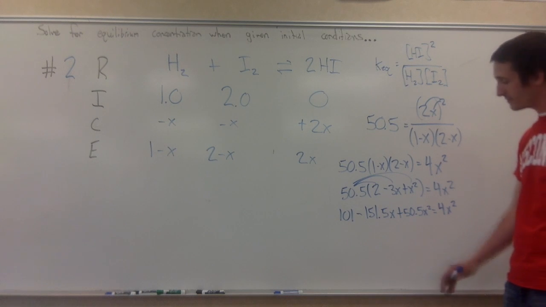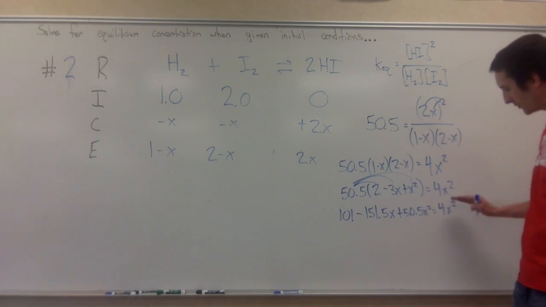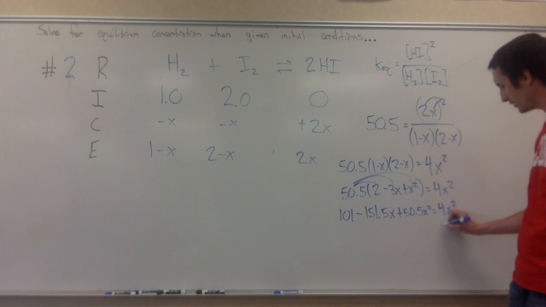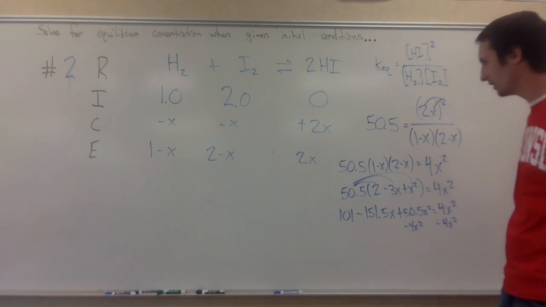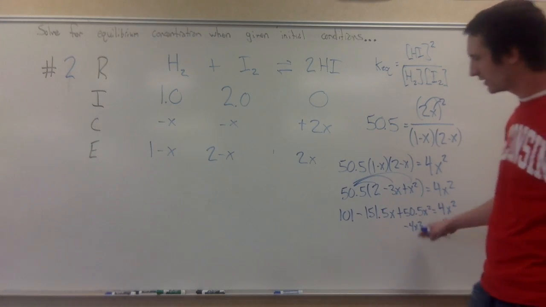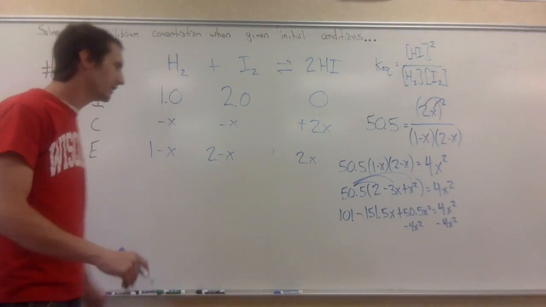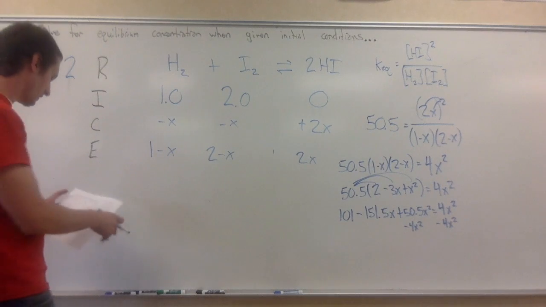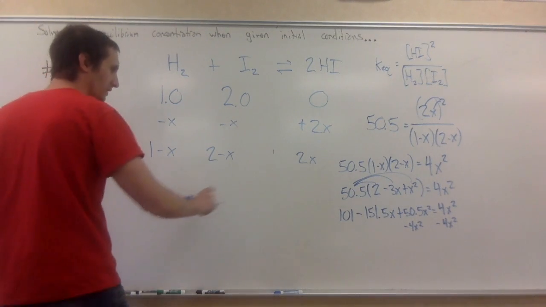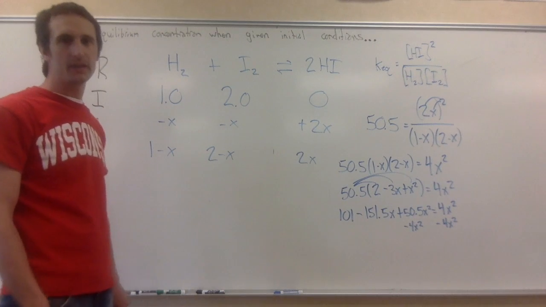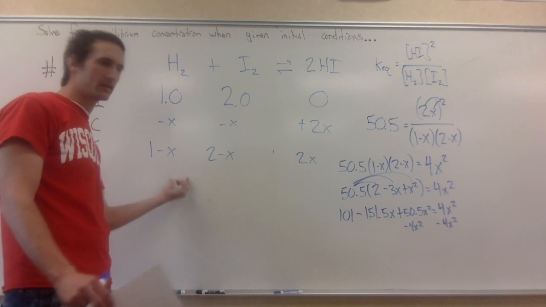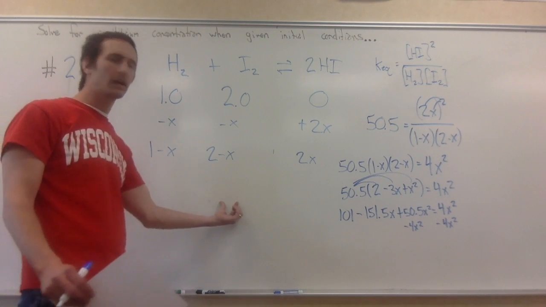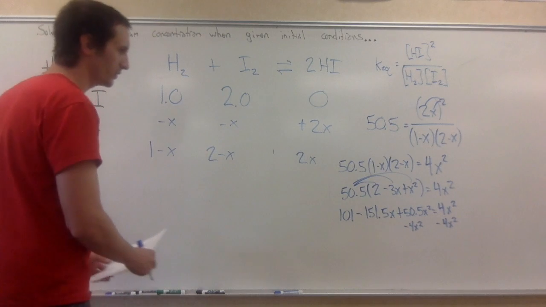Still with me, right? Now I'm going to combine like terms so I can move this 4x squared over, subtracting. I'm running out of room, so I'm going to move it over here, and I'm going to write the final quadratic equation that I came up with, and I'm also rearranging so that the first term has the highest exponent, and the second term has the next highest exponent, and so on.